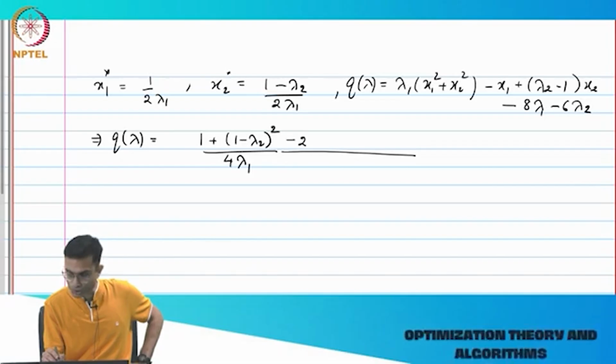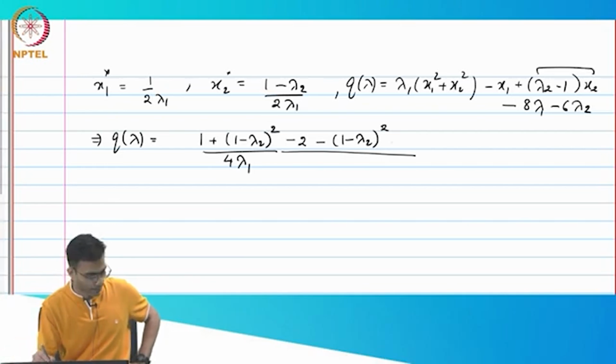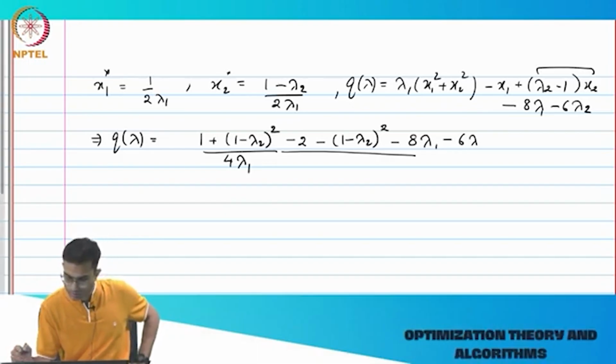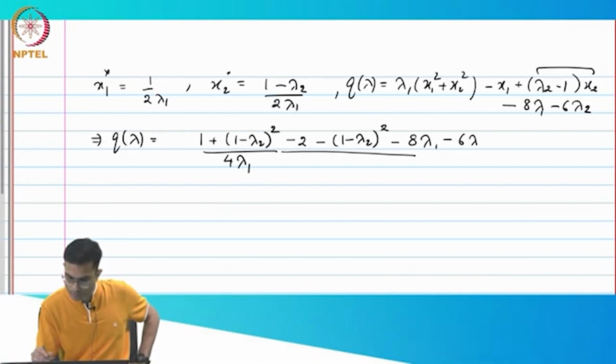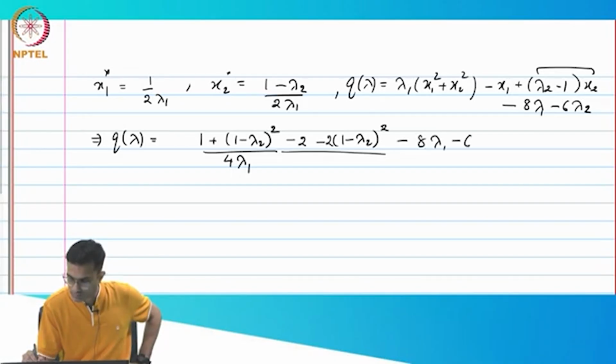Then I have x2. Now x2 multiplied by, so this will become 1 minus lambda 2 whole squared. That's this term. And then I have 8 lambda 1 and 6 lambda 1, sorry. There is going to be a 2 somewhere, right? So there's going to be 2 here and there's going to be a 2 here. Let me just write it nicely. Actually, these guys can just remain as they are, 8 lambda 1 minus 6 lambda 2.